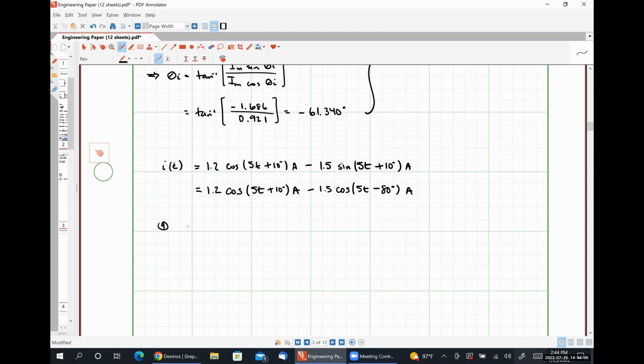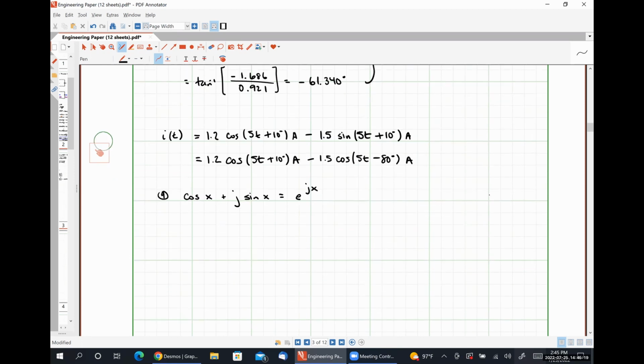This stated that cosine of x plus j sine of x is equal to e to the jx. I'm going to apply this identity. You may be saying to yourself, well, wait, how the heck are you doing that? But we'll get to that.